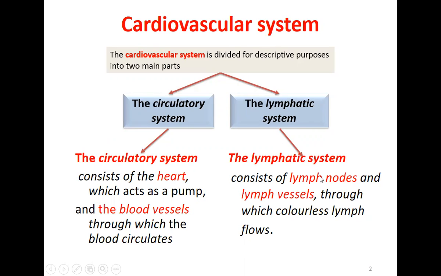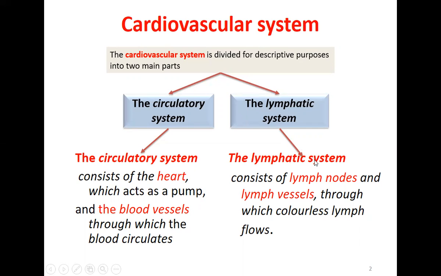The lymphatic system consists of lymph nodes and lymph vessels through which the colorless lymph flows. A small quantity of the blood will flow out of the blood vessels as the tissue fluid, and it will not return through the venous system, but through a separate channel called the lymphatic system.